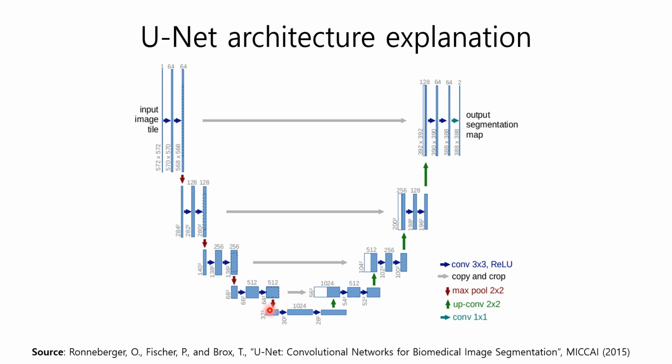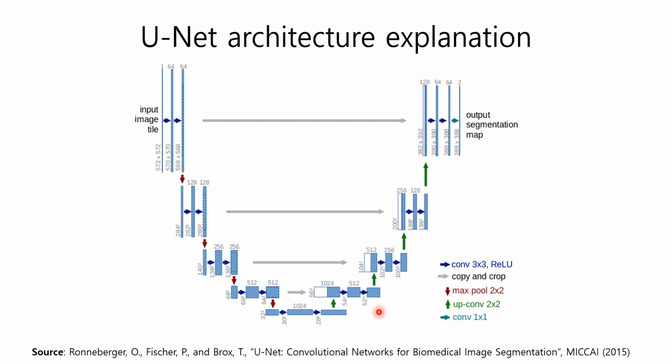The original feature map is 64 by 64, and to concatenate it with a feature map of size 56 by 56, it is cropped to 56 by 56, and the number of channels is 1024, so it becomes 56 by 56 by 1024.